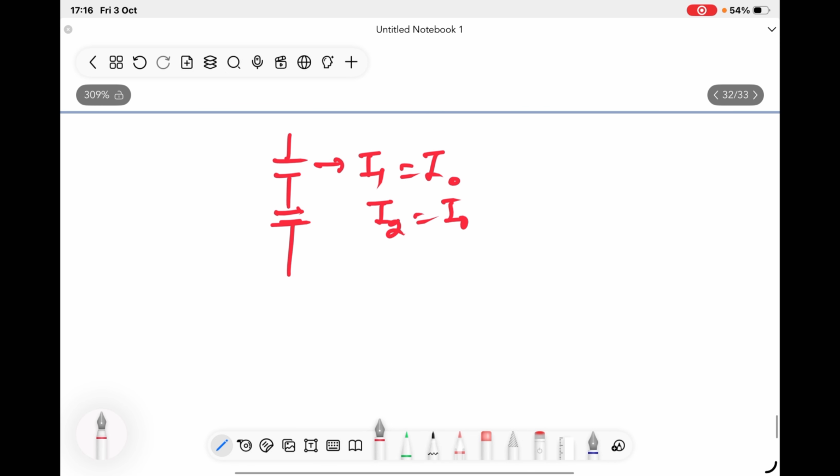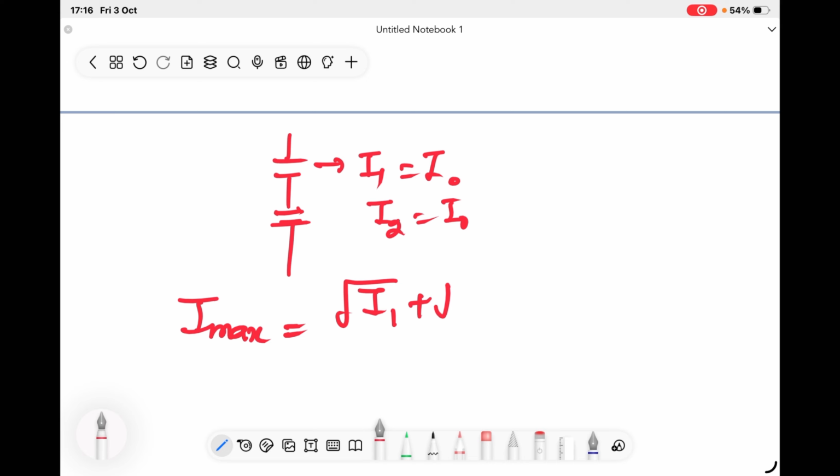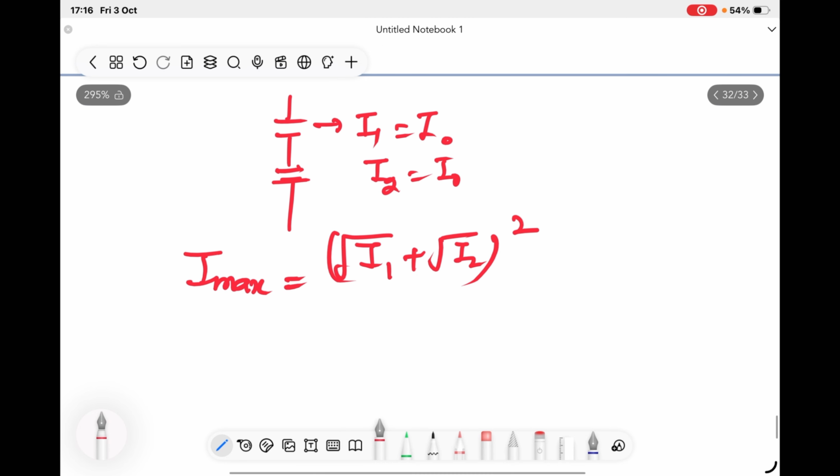Okay, so in that situation, what happens? Generally, both the intensities are equal coming out of the two slits. So I max is how much? If you remember, I max is (root I1 plus root I2) whole square. Please prepare chapter wave optics.